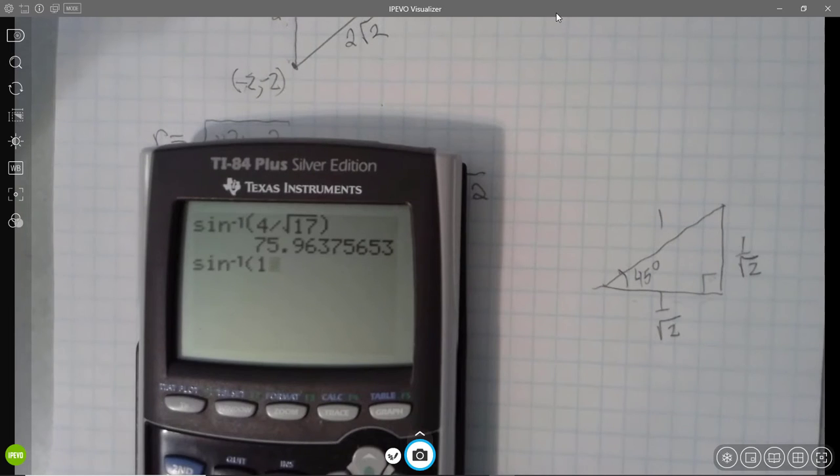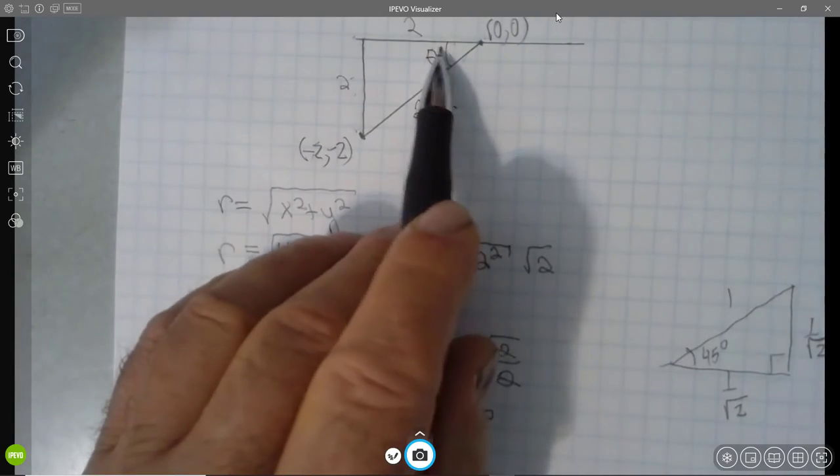Also, calculators don't catch it when you push a wrong key, right? However, your memory, so 45 degrees is what this is, but that is the reference angle.